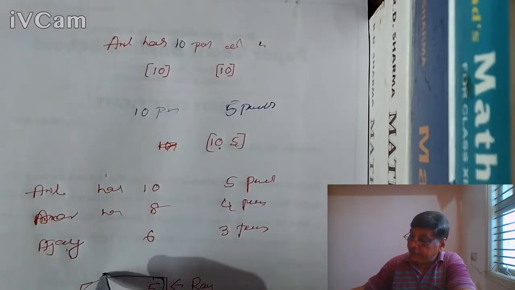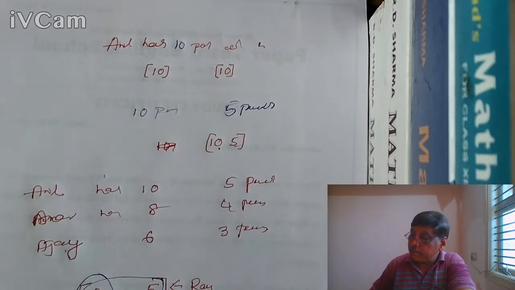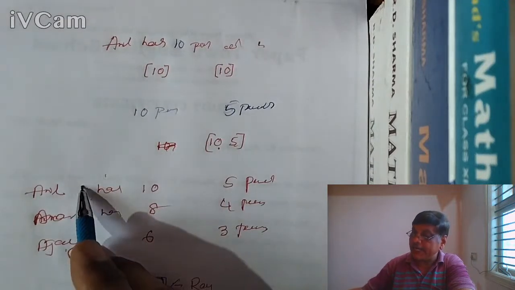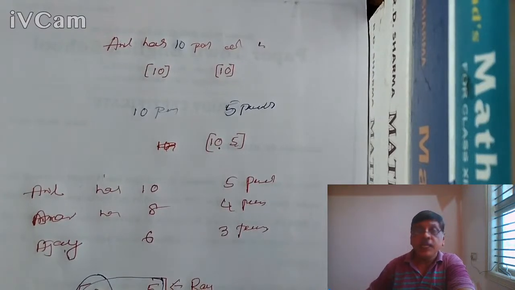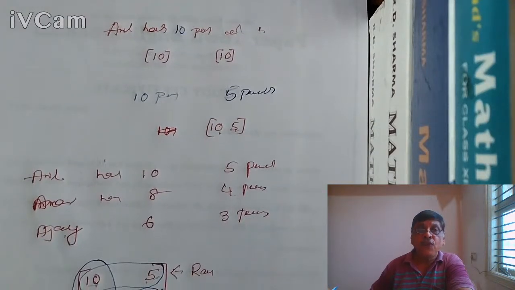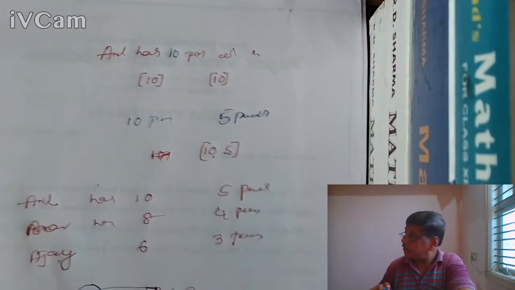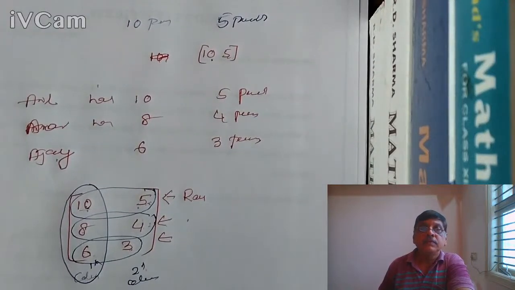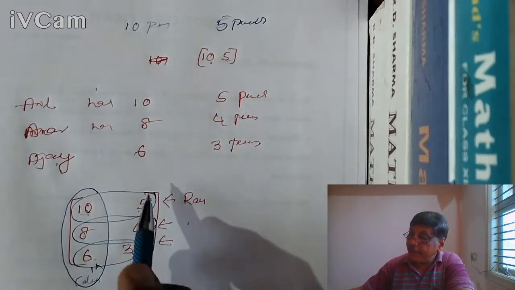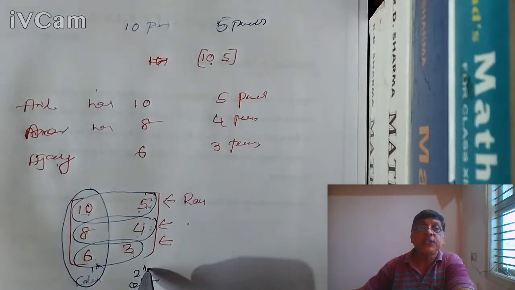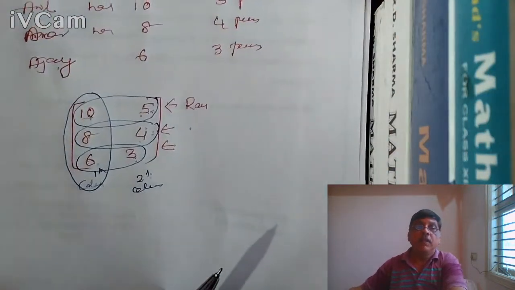At the same time, 10, 8, 6, the first column, indicates the number of pens possessed by Anil, Amar and Ajay respectively. 5, 4, 3 represents the number of pencils possessed by Anil, Amar, Ajay respectively. I hope you got it.